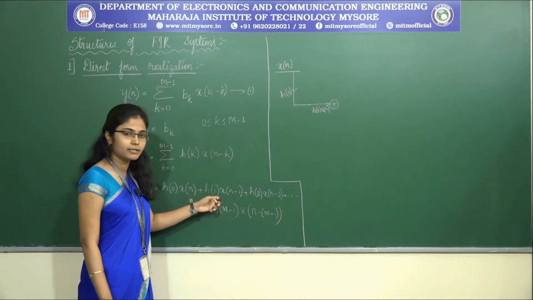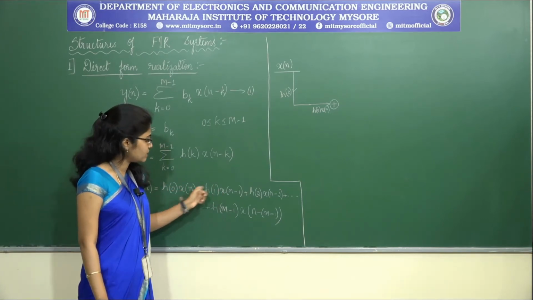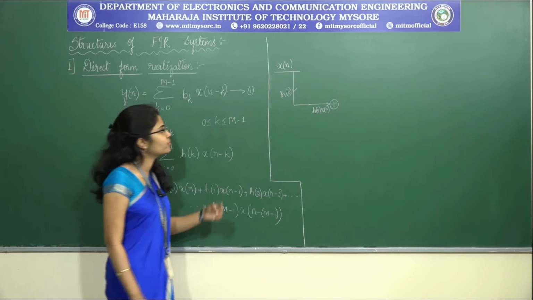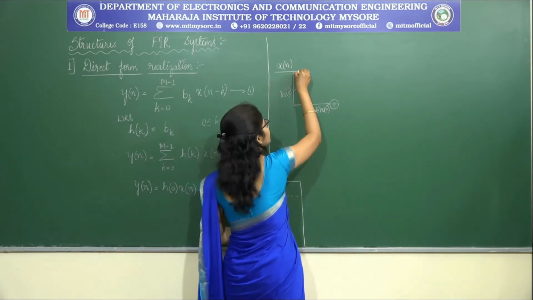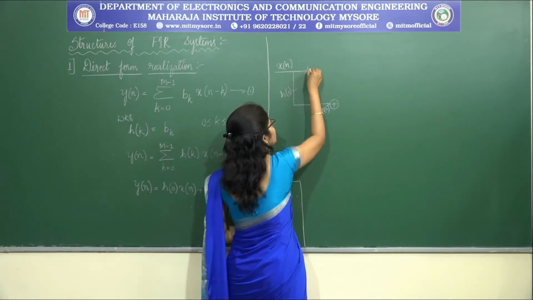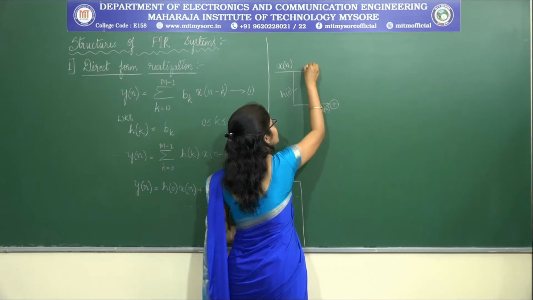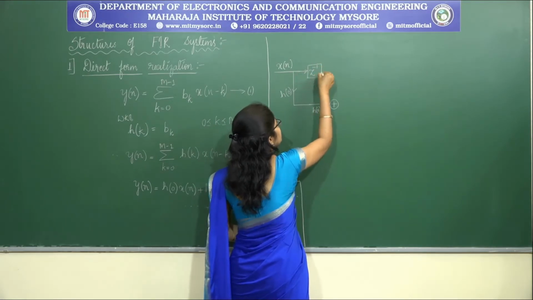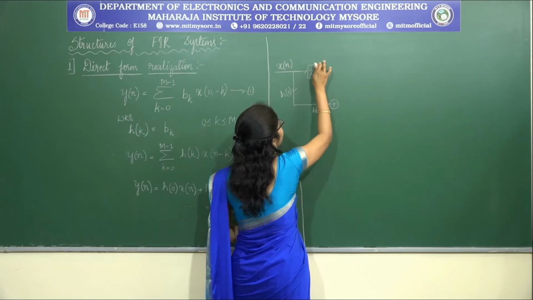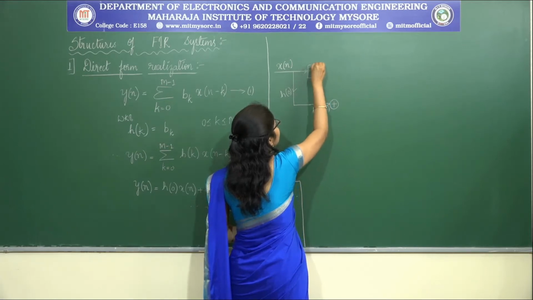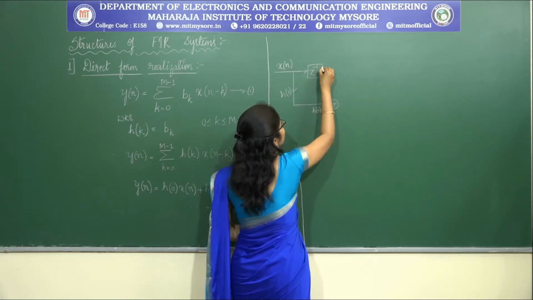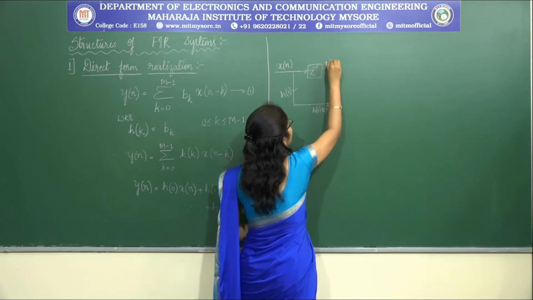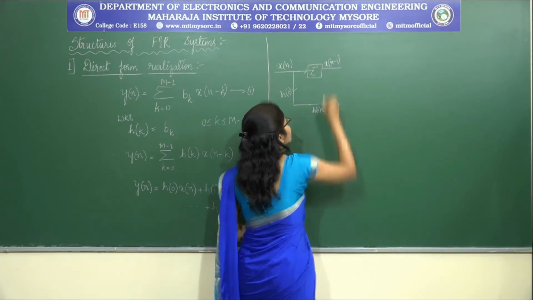Moving on to the second term, here x of n is delayed once. So let us use a delay unit z inverse. What is the output of this? The output here will be x of n minus 1, correct?